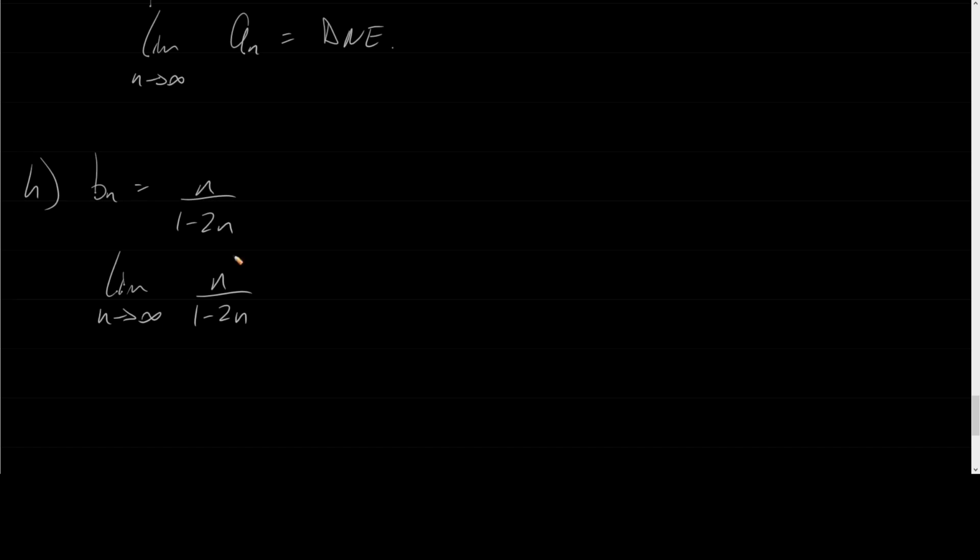Alright, as written, there's not much we can do there, but what we can do here is multiply by 1, and that 1 is 1 over n over 1 over n. Alright, and now what can we say? Well, this limit becomes the limit as n goes to infinity of 1 over 1 over n minus 2. As n goes to infinity, 1 over n goes to 0, so I end up here with negative 1/2.